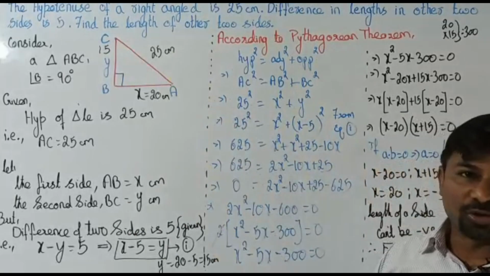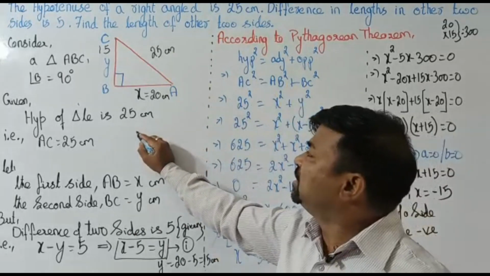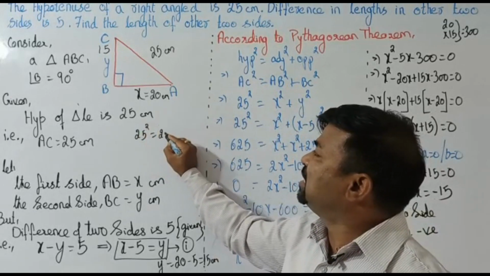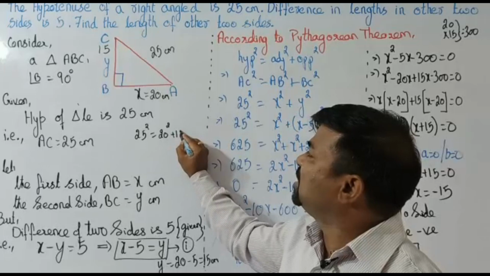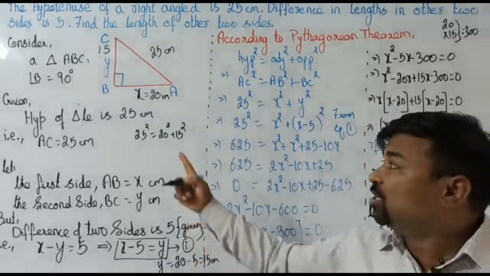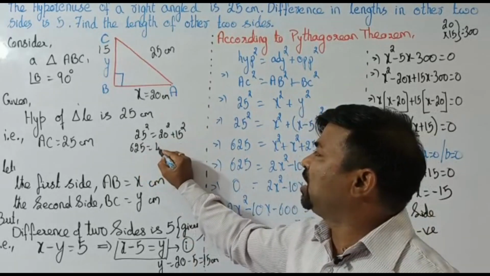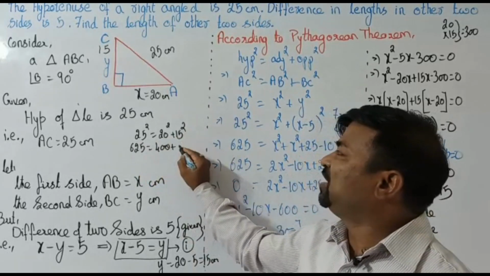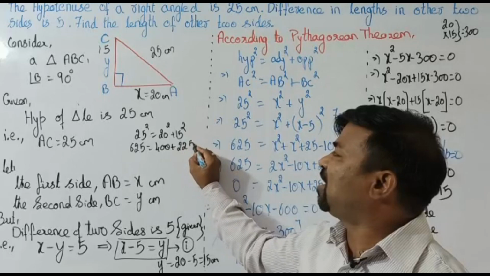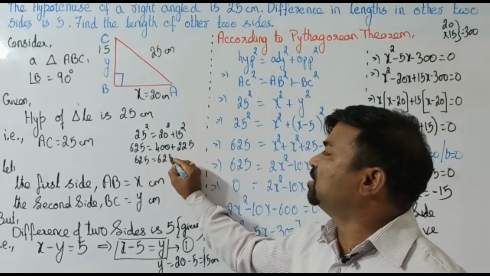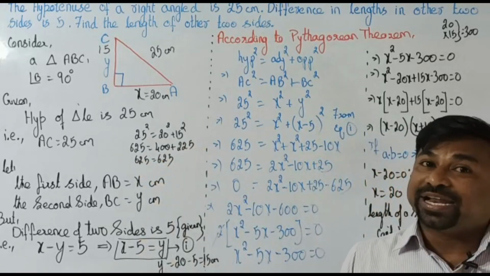Is 25 squared equal to 20 squared plus 15 squared? 25 squared is 625, 20 squared is 400 plus 15 squared is 225. 625 is equal to 625. LHS is equal to RHS.